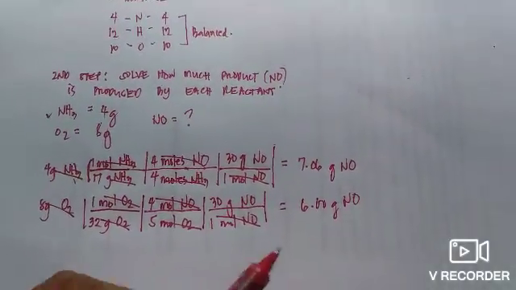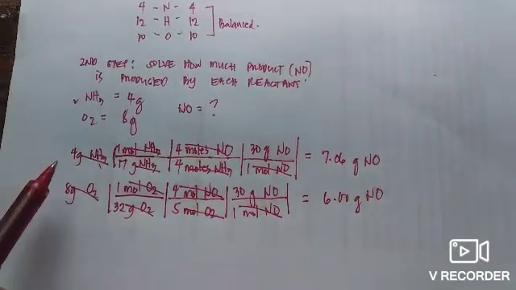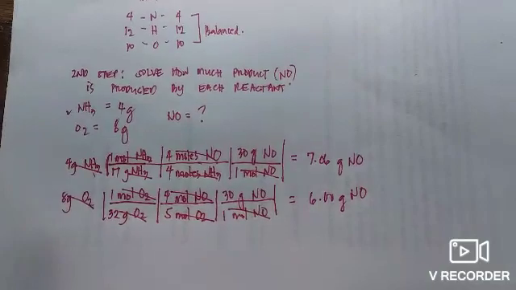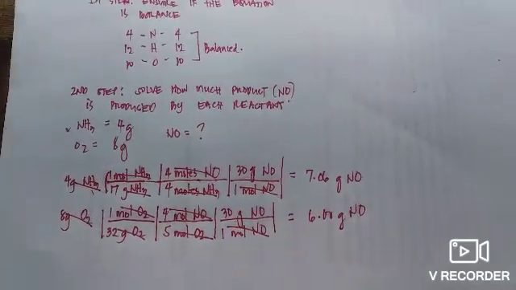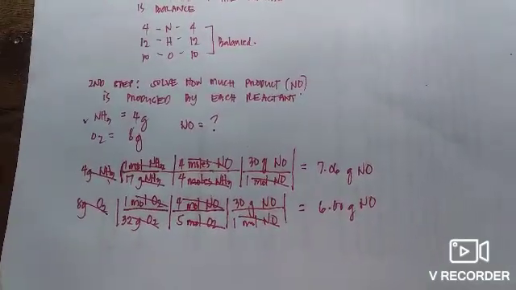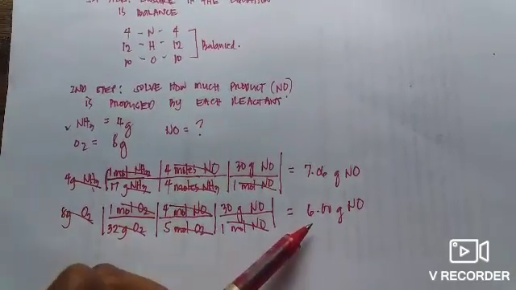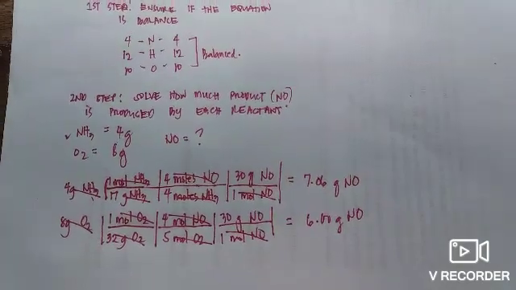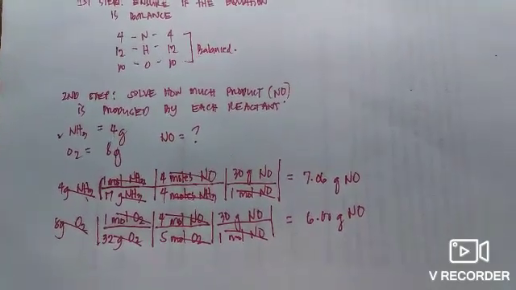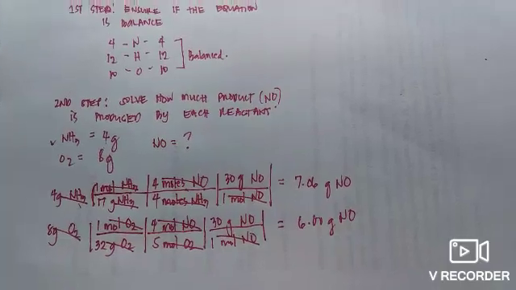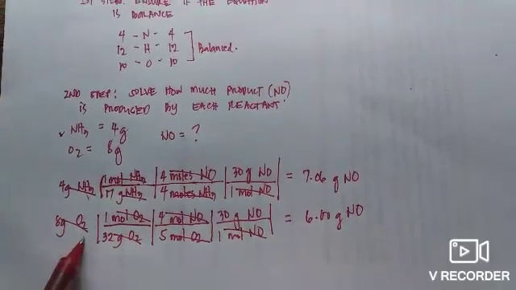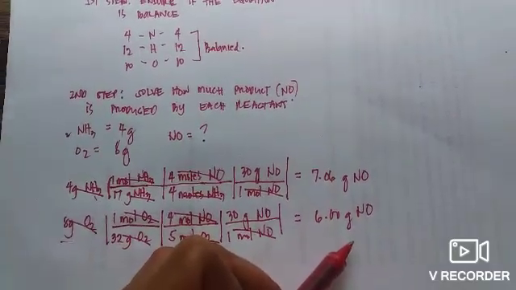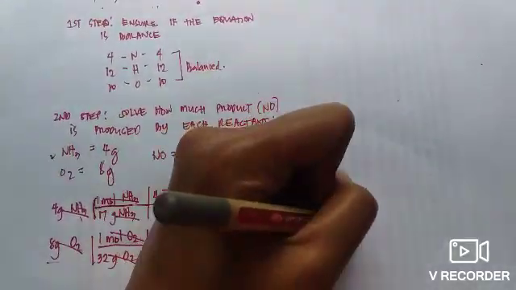So since we already obtained the value of each reactant, in identifying which is the limiting and excess, you are going to find the given which has the lowest value between the two. So in this case, guys, the oxygen is the limiting reactant because it has only 6 grams of nitrogen monoxide.